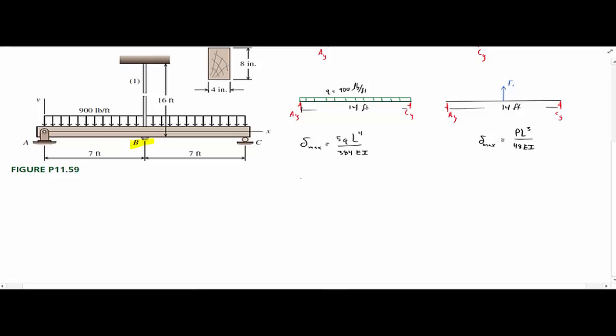We'll just go ahead and plug all our values in, and I'm sorry, this was a negative. I did it wrong. So negative 5 multiplied to 900 pounds per foot multiplied to 14 feet to the fourth, right? And then we have a unit conversion that we need to do.